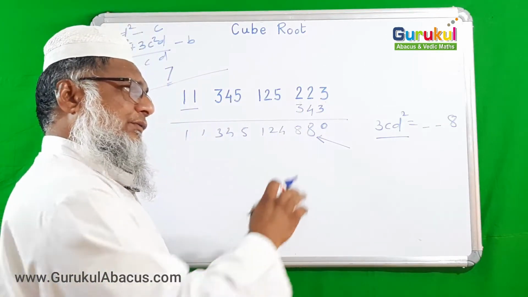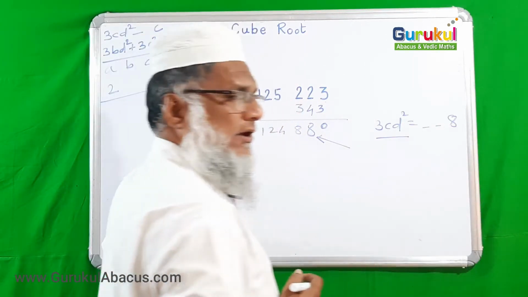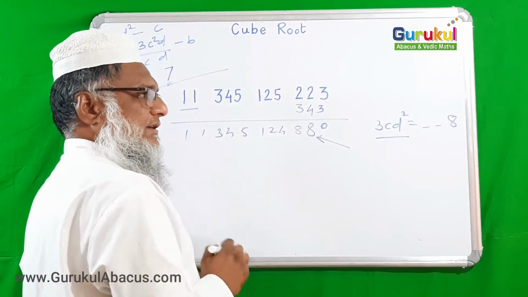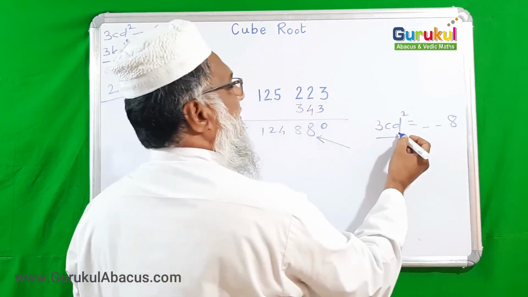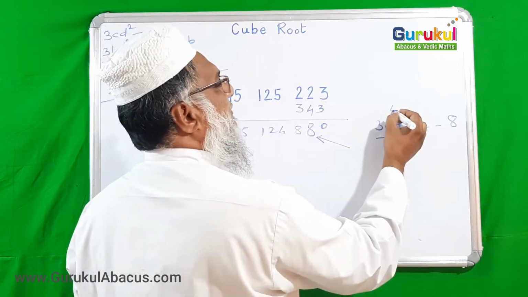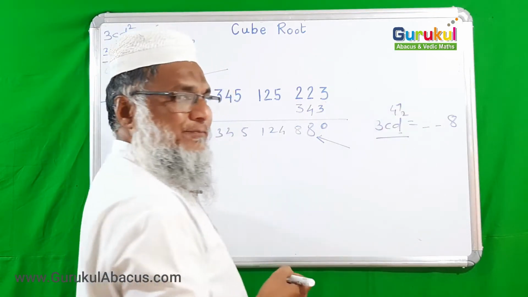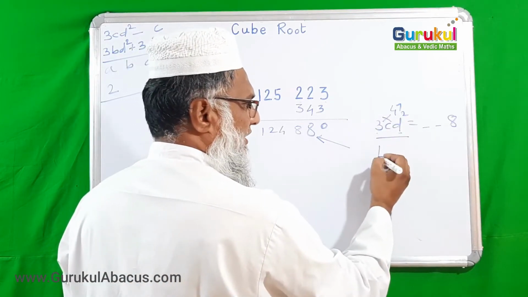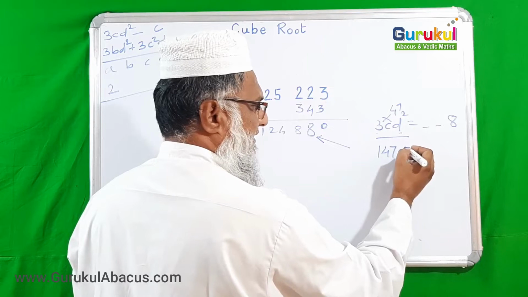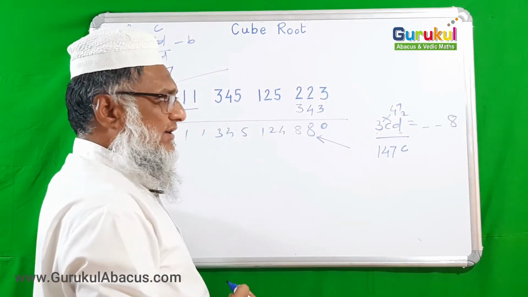With the help of this we can find our C. So here we know D, 7 is the D. D's square is 49. 49 into 3, 147, C remains with us.